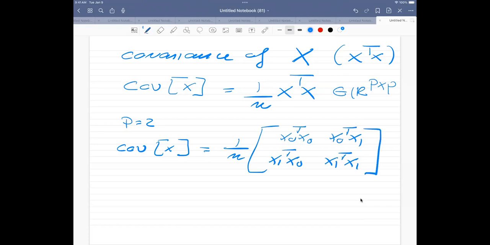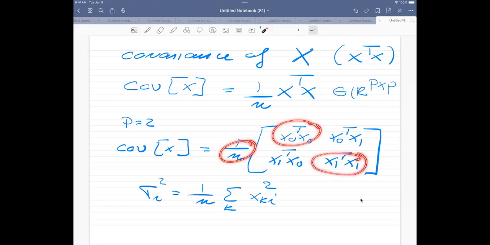And what you can show then, so if I now write sigma_i squared with 1 divided by n as the sum over k of x_k of i, so these are the scaled data. Remember now that it's centered, so I've taken away the mean value. So the variance is given by that. So that means that these terms here, the diagonal ones, are just the variances.